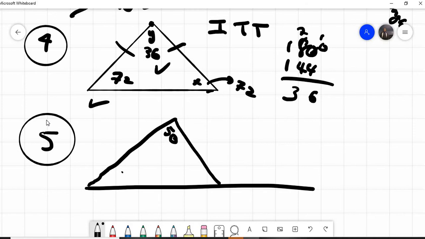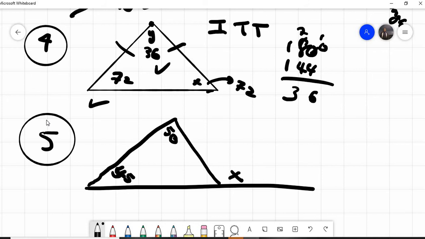So if we write this one, 40. Same with this one, 40, 45. And then they ask us to prove what's gonna be this angle. That's what they want. And then after that, we're gonna write exterior angle theorem.